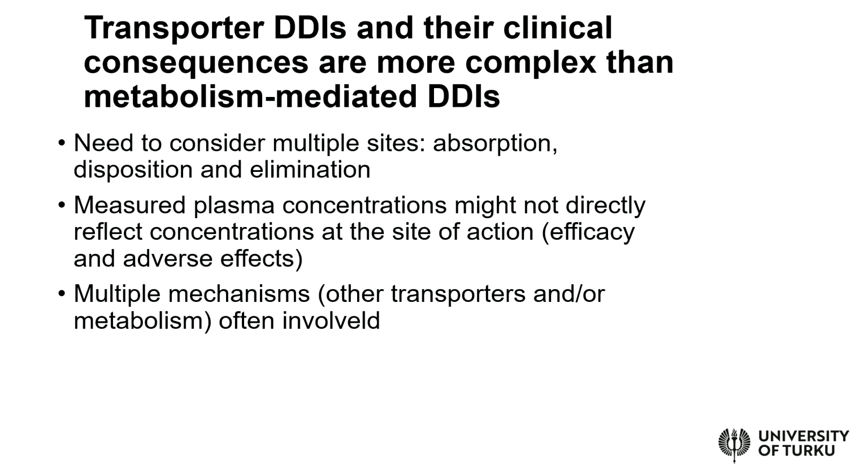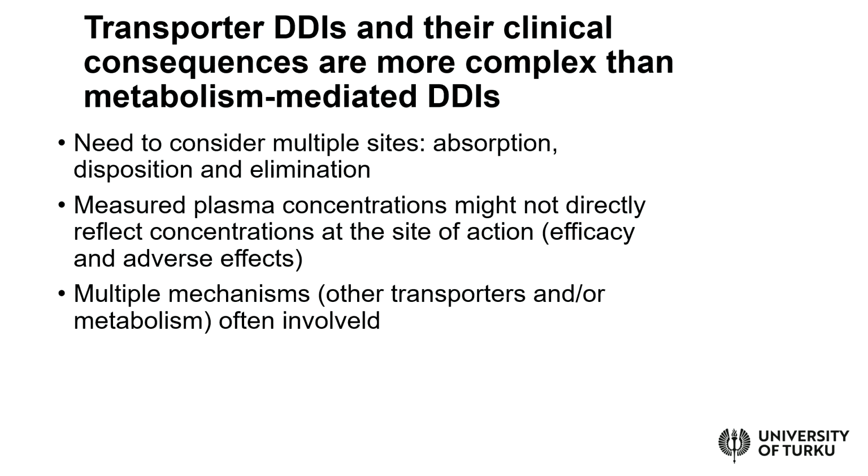When comparing to metabolism-dependent interactions where systemic concentrations increase, you can have differences in the tissue-specific concentration at the site of action, which might have an impact on efficacy or adverse effects if the drug does not get inside the liver, for example.